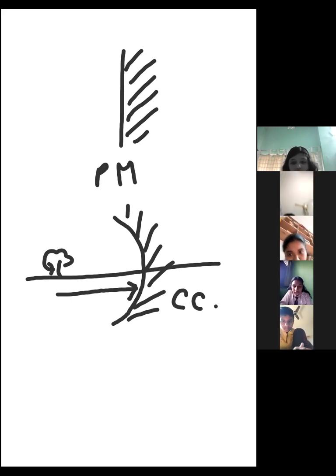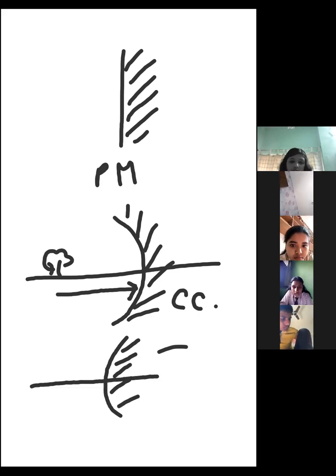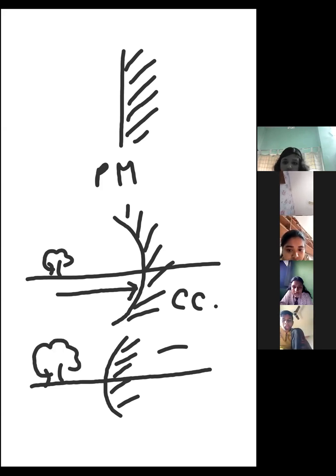And what is a convex mirror? When the mirror is engraved to the outward side. The same thing, but the mirror is like this, this is the back side, this is the axis, and the object will be here. So if the side of the mirror facing the object is engraved to the outward direction, that is called a convex mirror.